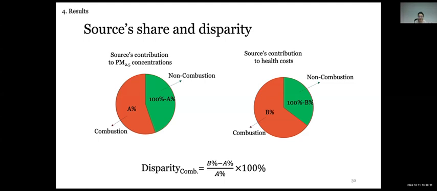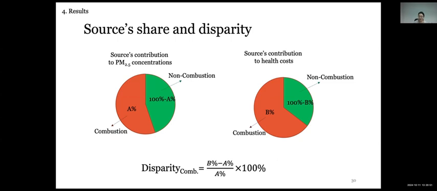We defined the disparity as the percentage contribution of a combustion source to health costs minus its percentage contribution to the PM concentration, then divided by the percentage contribution to the PM concentration. And then we can do this for other sources as well.